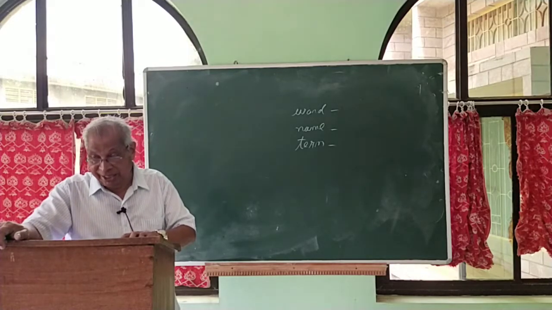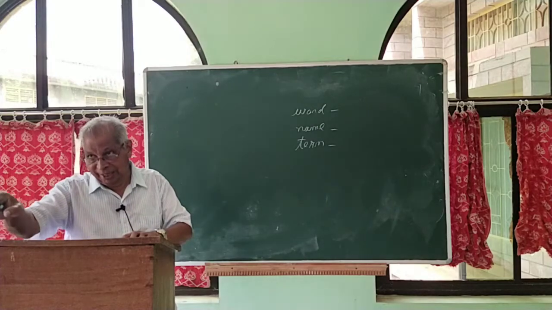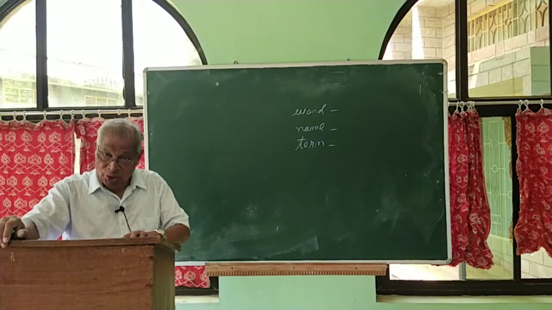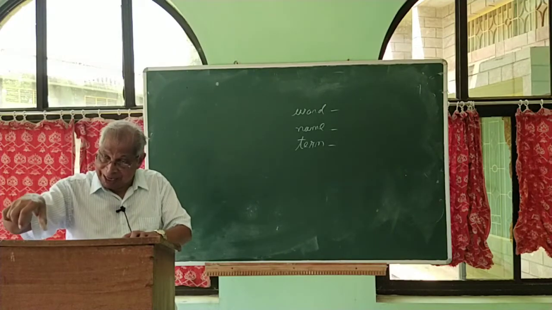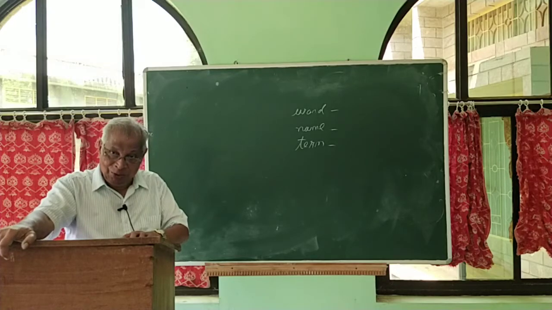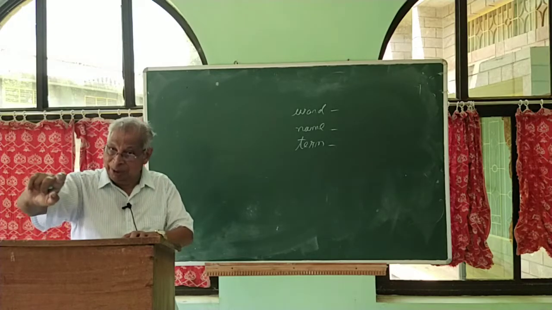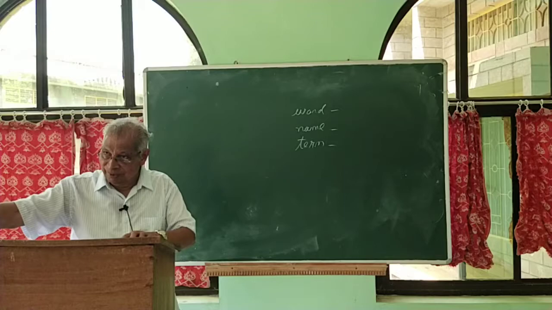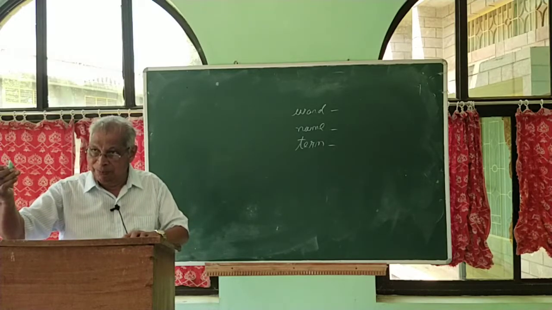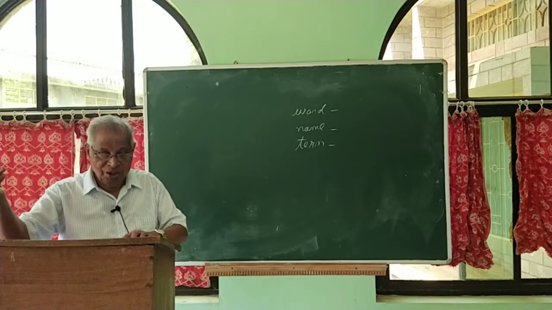But a term is a name, that means a word or a group of words which is actually used as subject or predicate of a proposition. Actually used. So outside the proposition, if I ask you, chalk, is it a name? Is it a word? Is it a term?